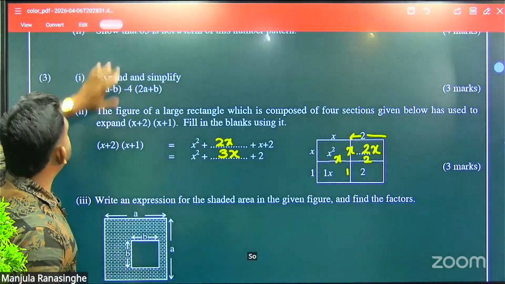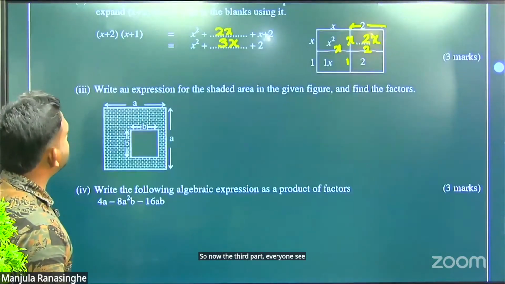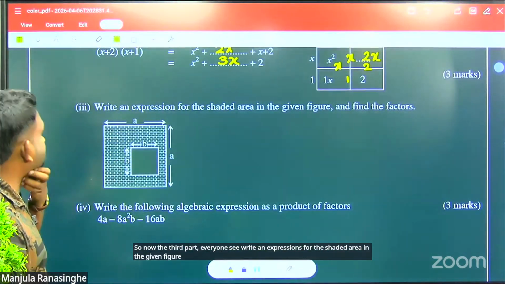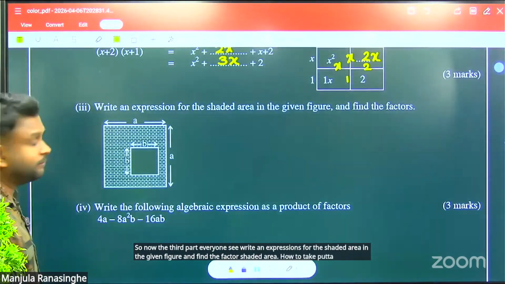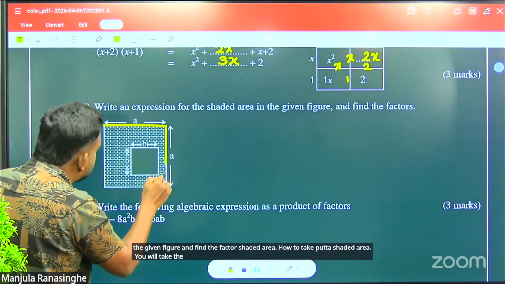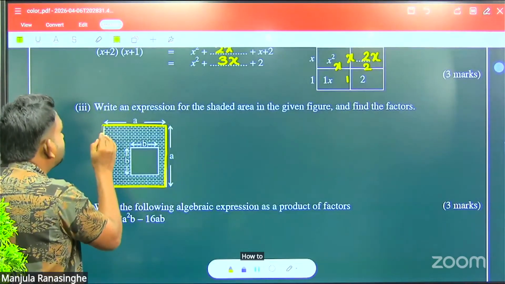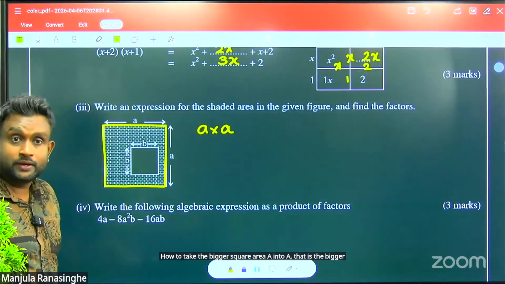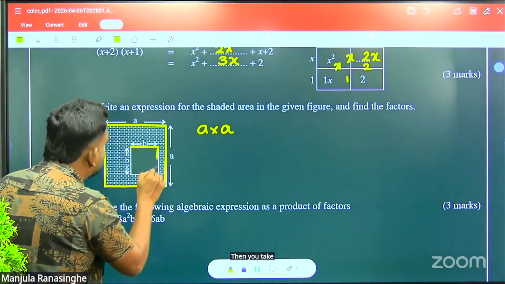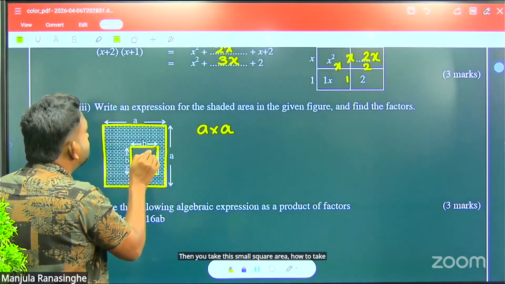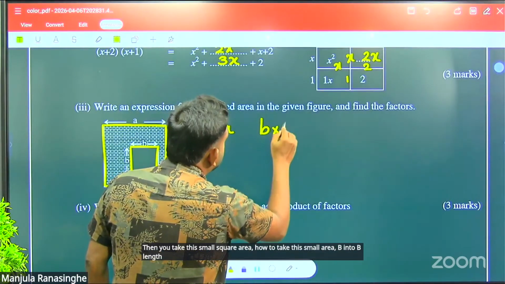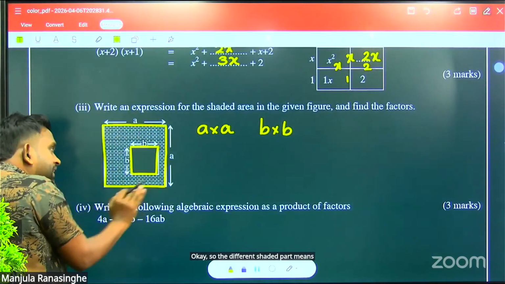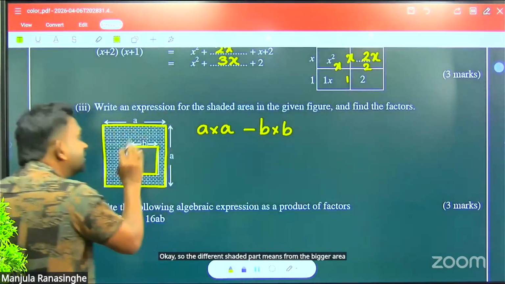So now this third part, everyone see: write an expression for the shaded area in the given figure and find the factors. How to find the shaded area? You will take the bigger square area first: a into a. Then you take the small square area: b into b. The shaded part means from the bigger area subtract the small area.